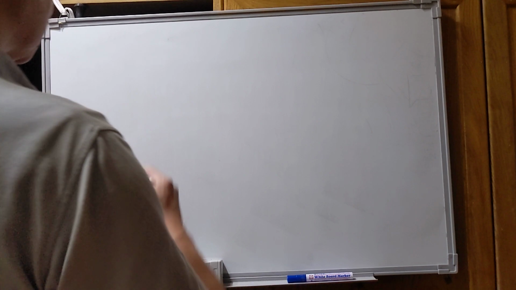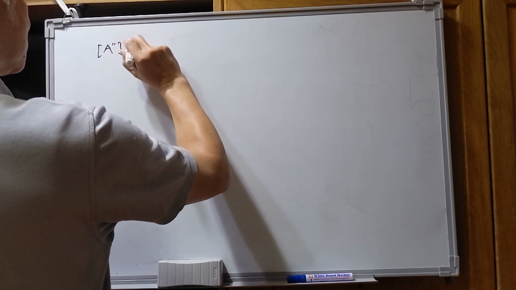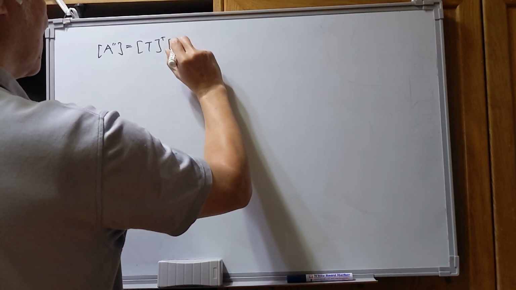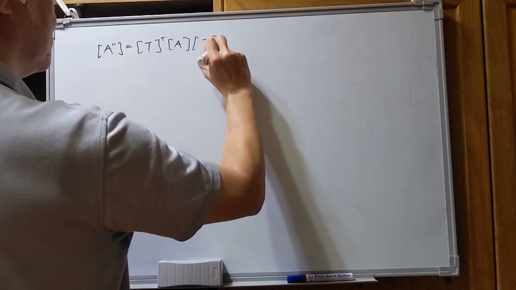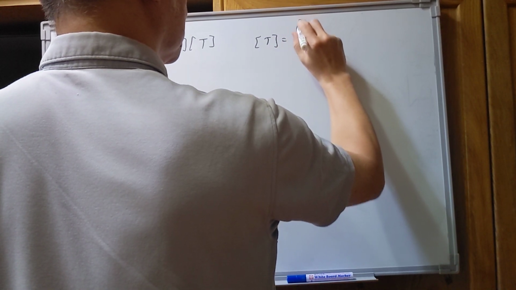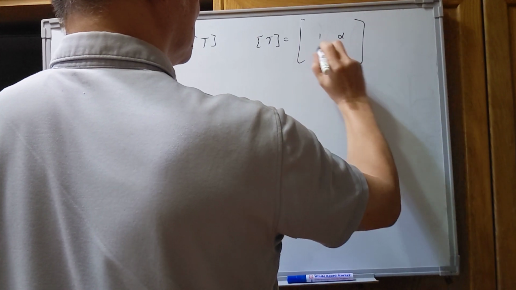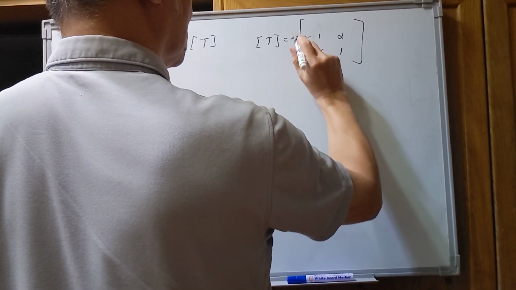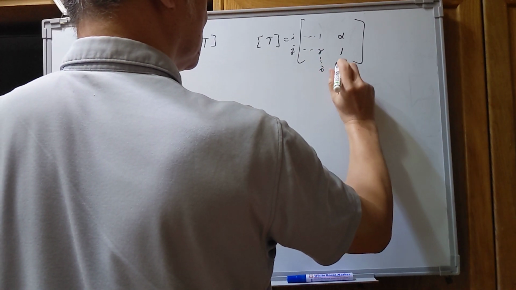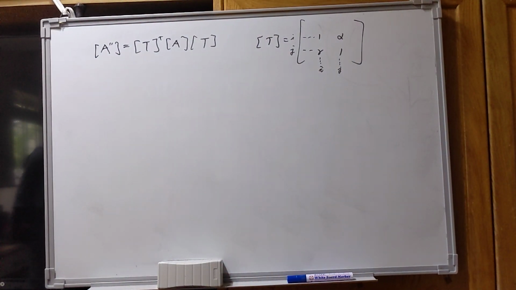Okay, so let's say A double prime is equal to T transpose A T, and remember the T matrix has 1, alpha, gamma, 1 at the I, J positions.